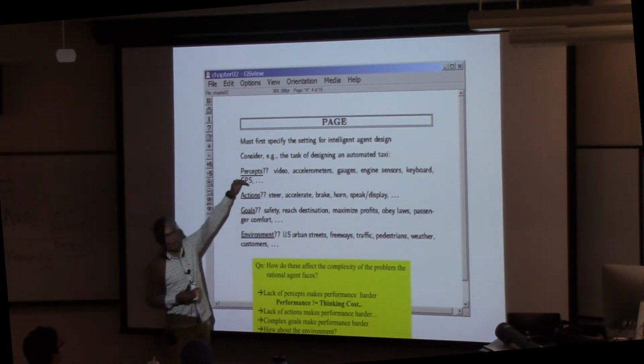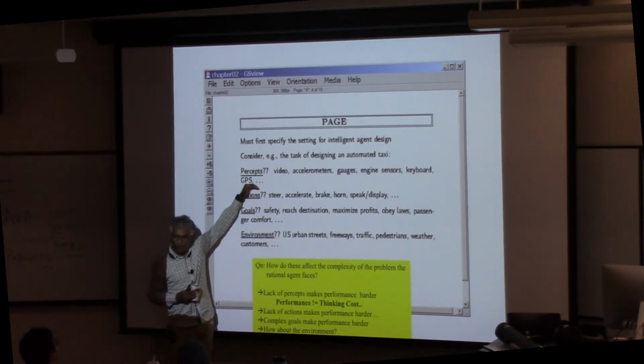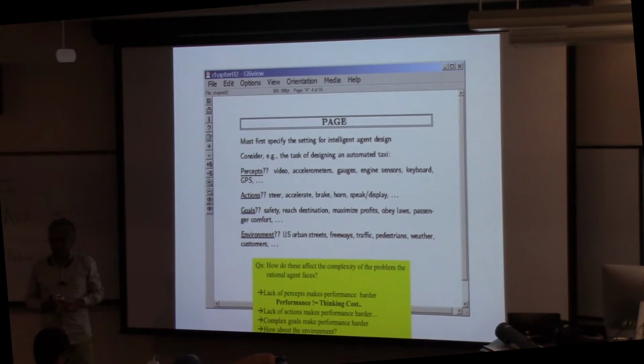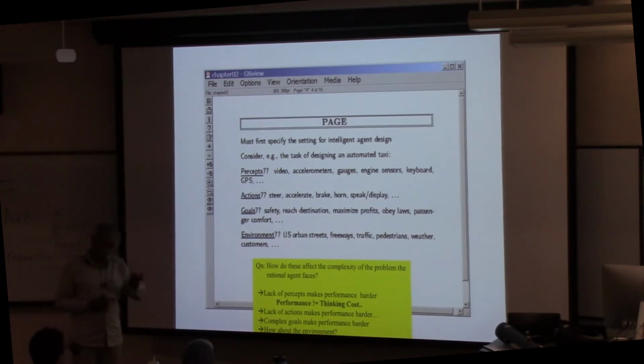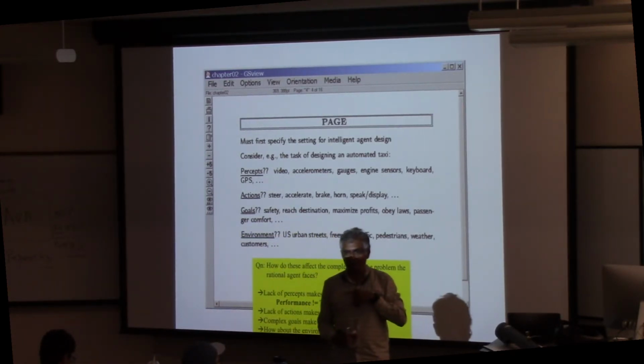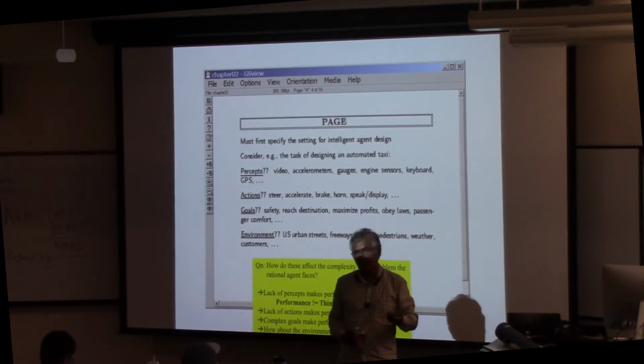If I don't have percepts, if I have very incomplete information versus I have a lot of information about the environment, how does that affect the performance? You would think full percepts will give you a chance to have higher performance. If you have no percepts, you will have a chance to have lower performance.